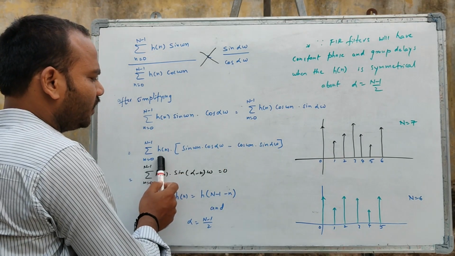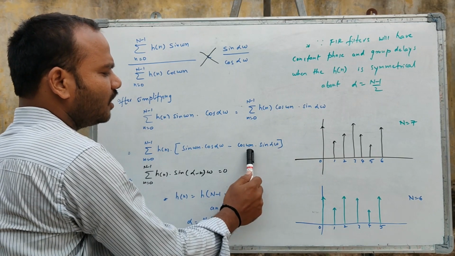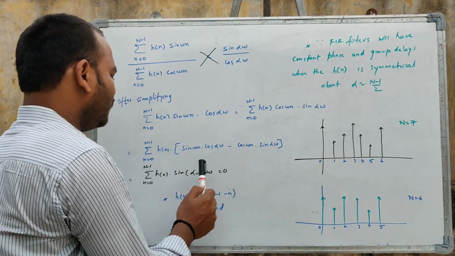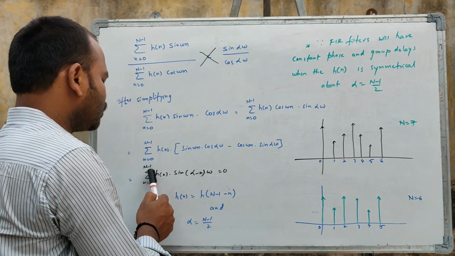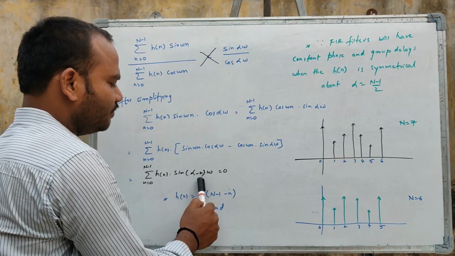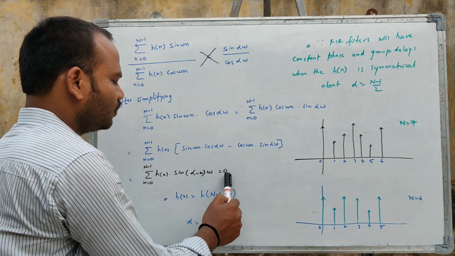I have taken the common term, and after this product, minus this term cos omega n times sin alpha of omega. Now in the next line, summation from n equal to 0 to N minus 1 h of n, this one you can express as sin of a minus b, that is sin of alpha minus n times omega, is equal to 0.